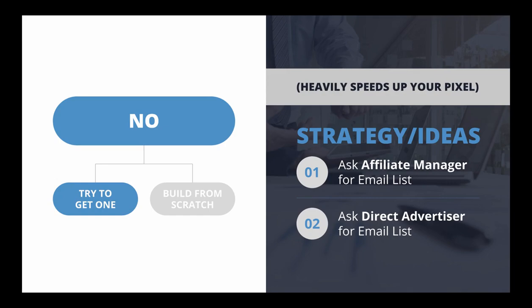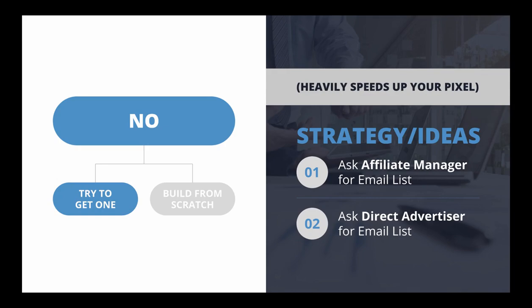So if they have an auto loan offer, they might actually have a bunch of data for people that have opted in to the offer, especially if they own the offer. But if they don't have the data, then generally they can ask the advertisers, so the actual auto loan lead gen company or whatever it is, they can ask them for data. So affiliate managers are wise to the fact that Facebook advertisers like to have some data to work with in order to kick off their campaigns.